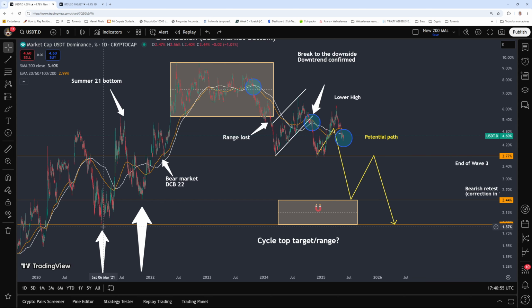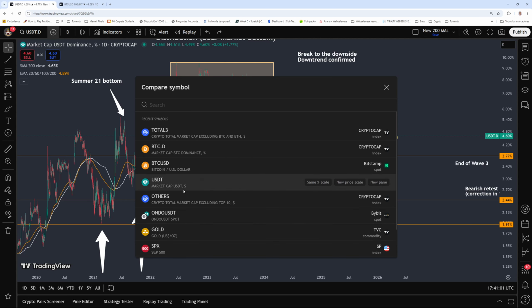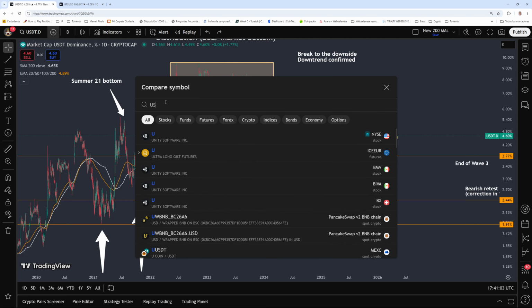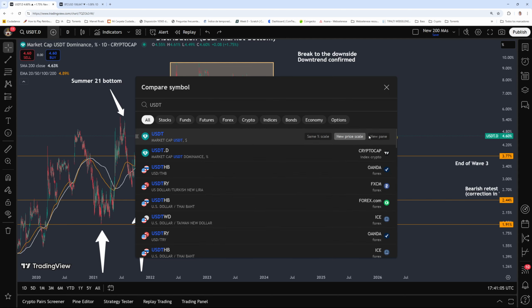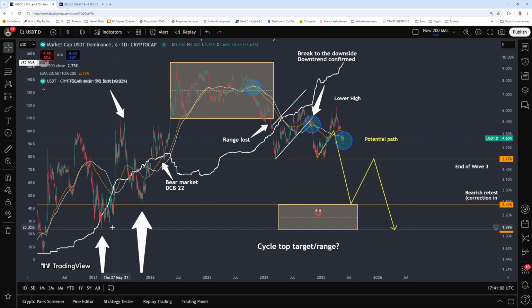I don't know if we will ever meet these kind of percentage levels, considering the USDT market cap, as we can see, is way higher than it was back then, right? At the moment we got here, look at the USDT market cap, 25 billion. Now 150.